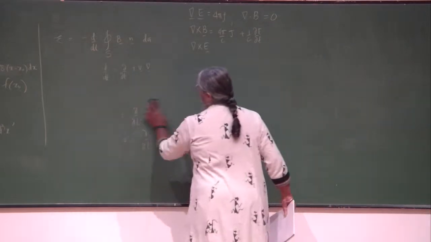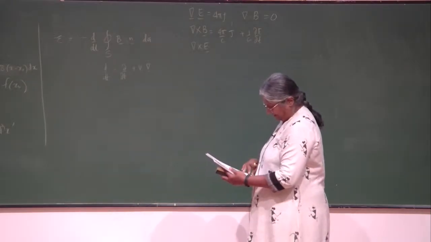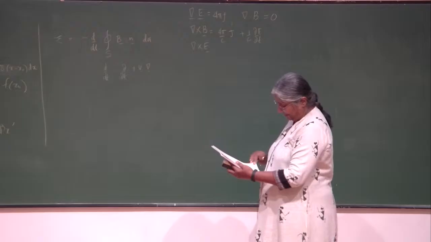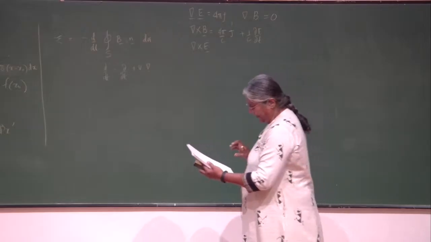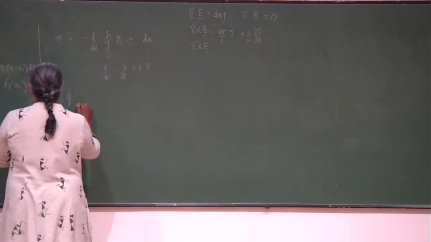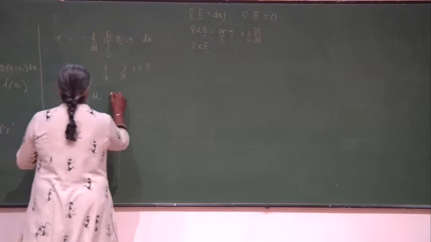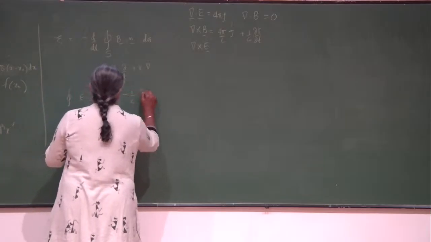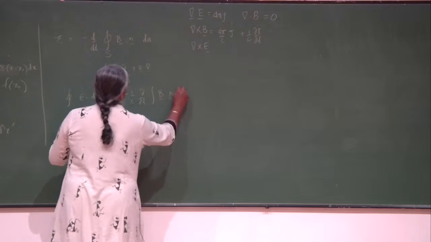So, I have to account for this motion part, okay, and then I have to do many things, and I do not think I will do the many things. Okay, let me just write outlines of the equations. So, I will get a line integral of E dot dl, and that will come out to be minus 1 by C d by dt of this B dot n dA, which I have written on the top.